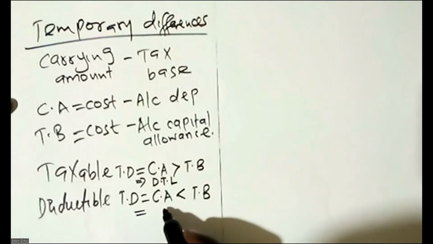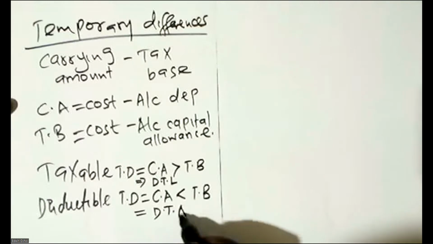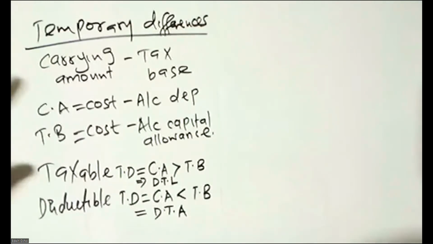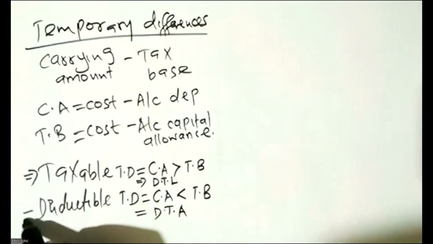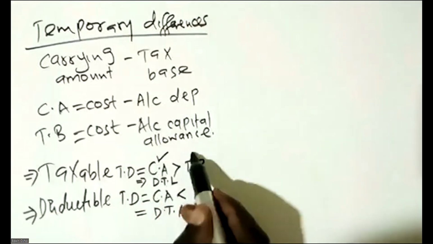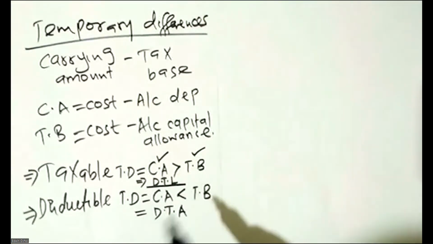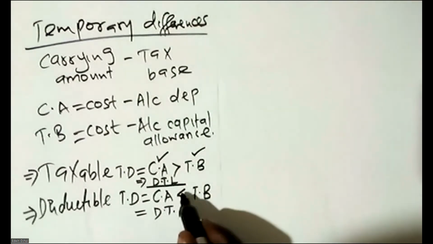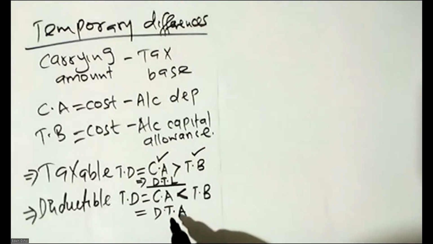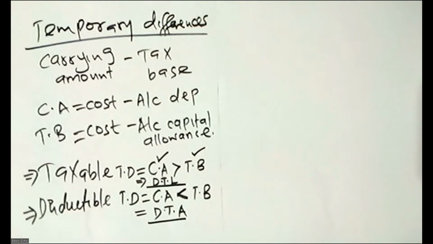The deductible temporary difference leads to deferred tax asset.